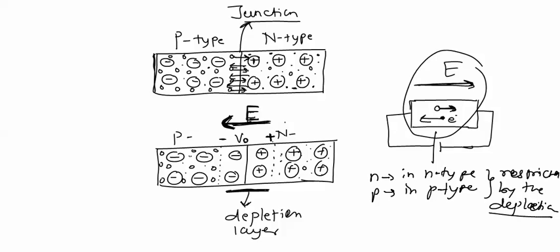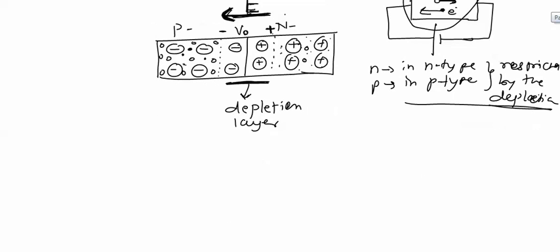While electrons in the P-type semiconductor and holes in the N-type semiconductor are free to cross the junction. So the depletion layer will not restrict minority charge carriers from crossing this junction.